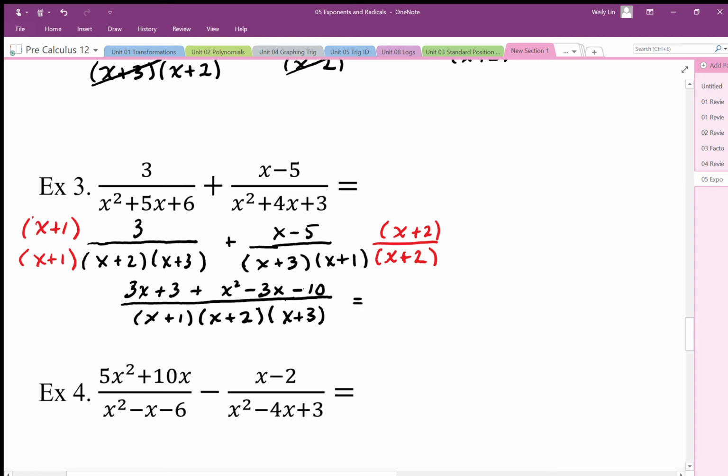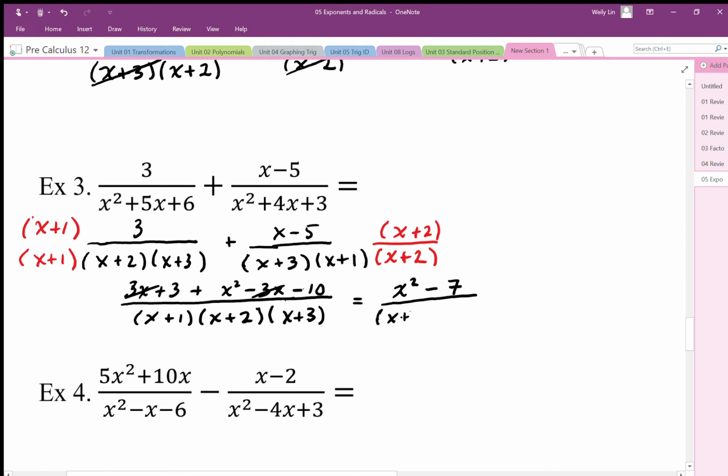Okay, there are some terms that cancel out, so I end up with x squared plus 3 minus 10, so minus 7 on top. That doesn't factor, so we're just going to leave that.